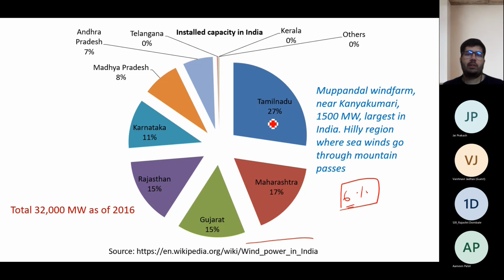Tamil Nadu has 27%, then Maharashtra 17%, Gujarat 15%, Rajasthan 15%, Karnataka 11%, Madhya Pradesh 8%, Andhra Pradesh 7%. Other states like Telangana may be 0 point something, Kerala 0, and others 0%, very small capacities.